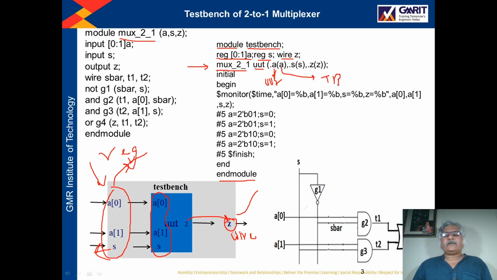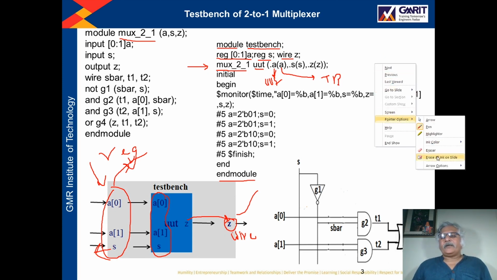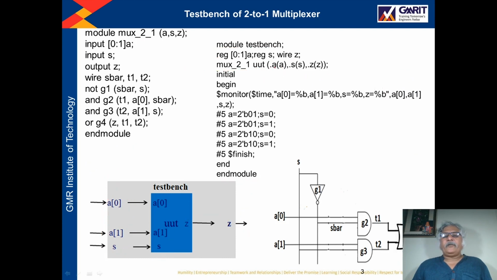Since here we have used the same name, there is no problem, we can directly write the same name inside the bracket, right? So dot a is instantiated with a. This means dot a is a0 and a1, so these are instantiated with a0 and a1. Then comma dot s, so this s is instantiated with this s. Then comma dot z with z within brackets, this means this z is instantiated with this z. So we have done this instantiation.